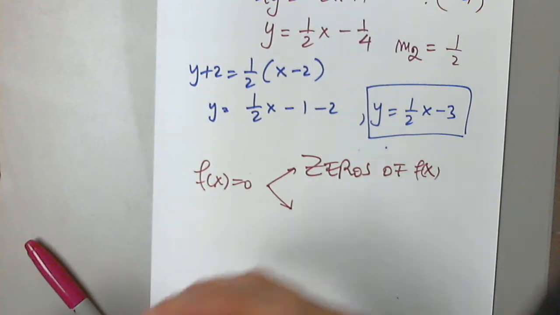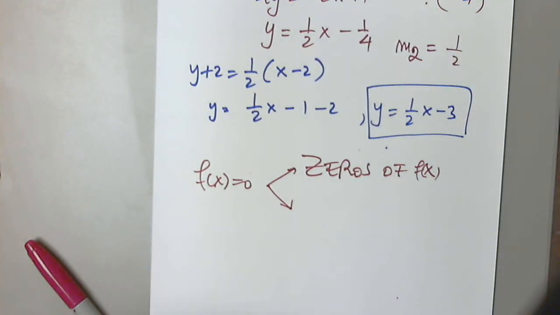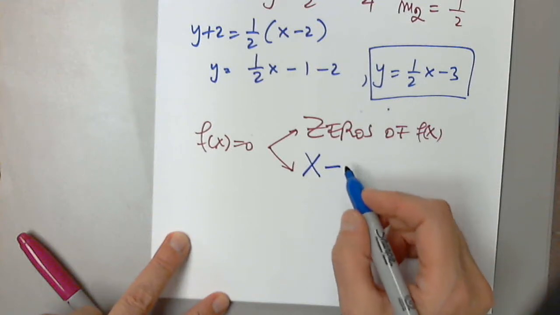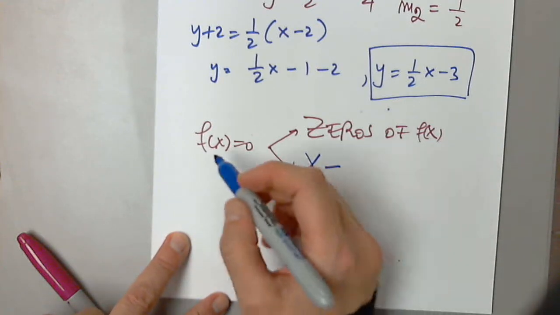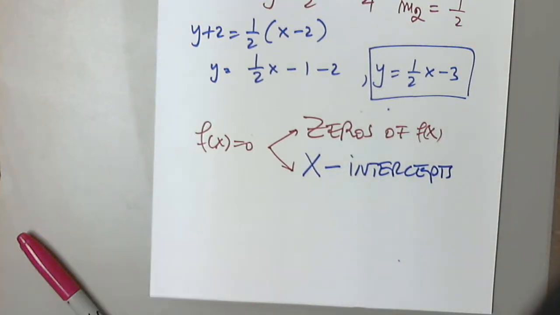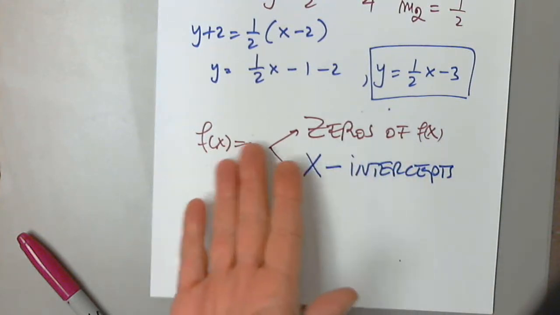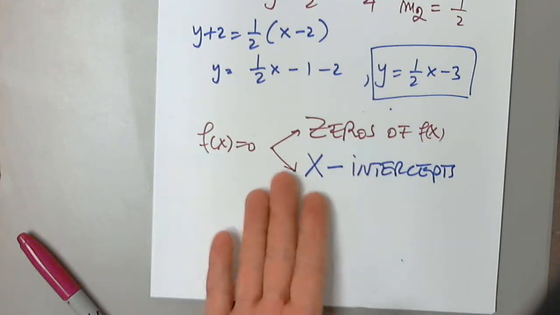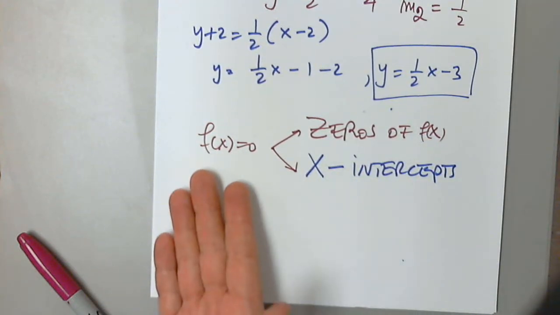What is the other way of saying it? X-intercepts. Of course. And also a third option is find the solutions of the equation. That's true. But specific names for this, we are finding the zeros of f of x, or we are finding the x-intercept of f of x.